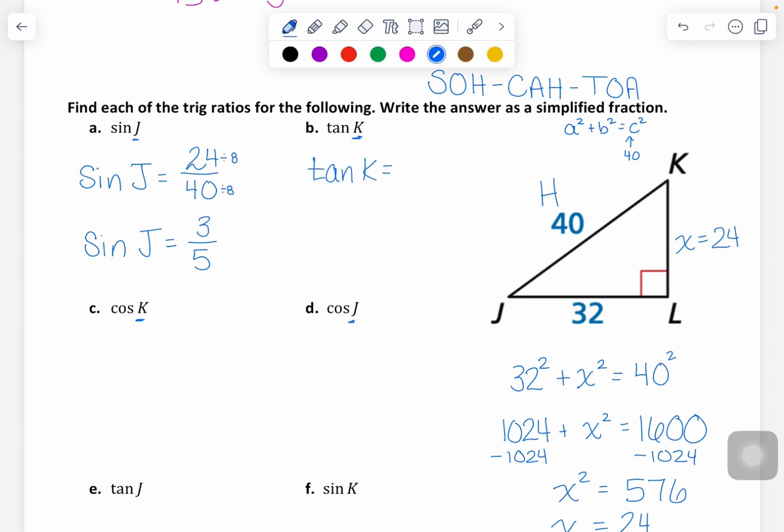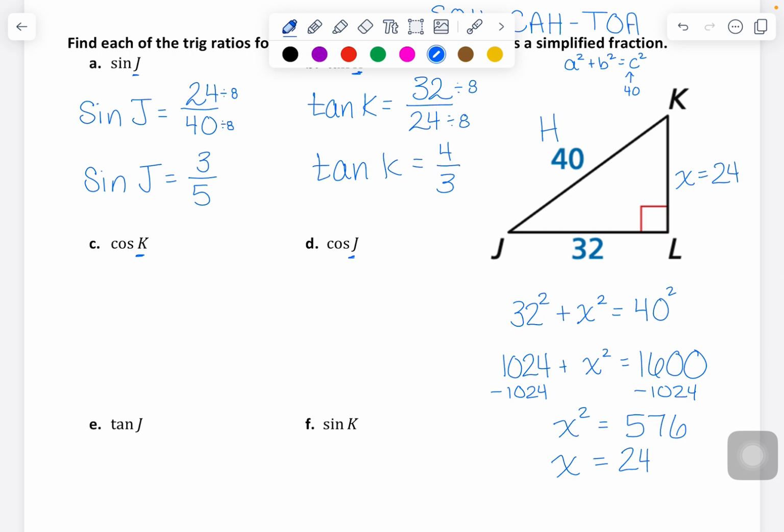Tangent of K equals 32 goes on top over adjacent. The adjacent is the other leg of the triangle that's touching angle K. So in this case, 24. Simplify my fraction. I mentioned earlier already, they divide by 8. Tangent of K equals 4 over 3.